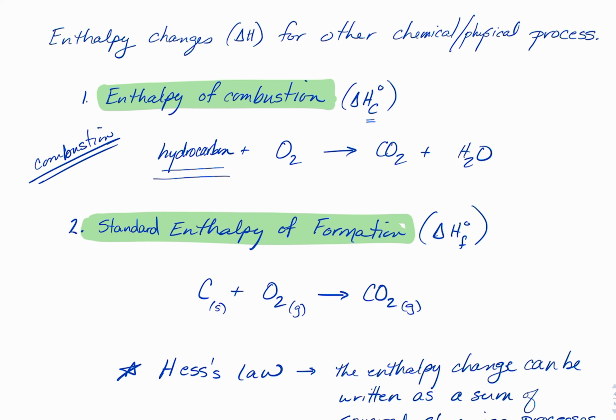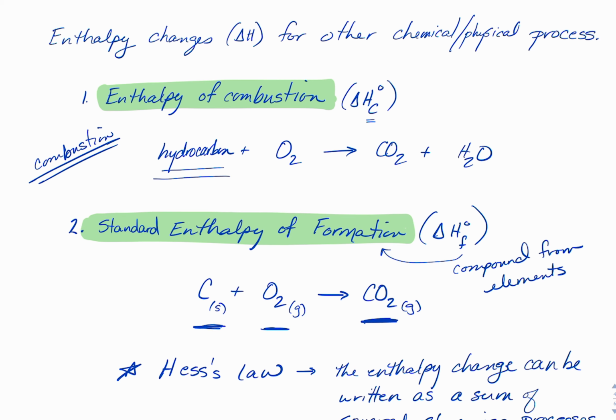We write it as delta H with a subscript F, meaning formation. And what we're forming is a compound, or formation of a compound from elements. So you'll only see a standard enthalpy of formation written where the reactants are considered elements and the product is considered a compound.